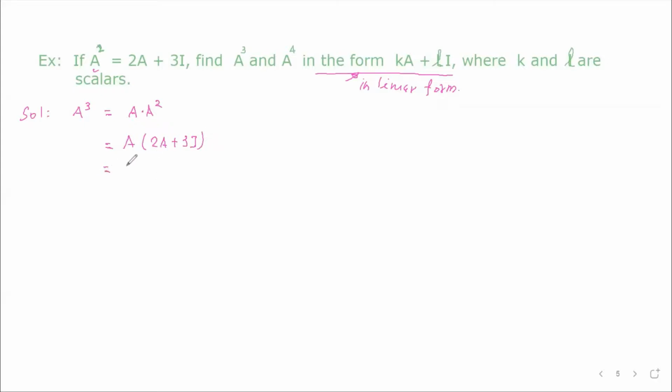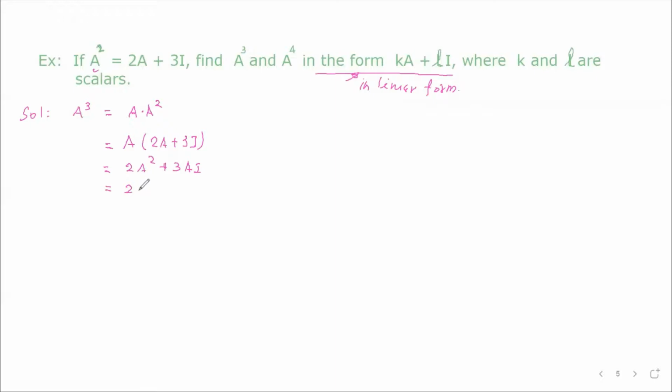Simplify it. 2A square plus 3, the scalar can be anywhere, okay? But I now times this to be AI. In this case, AI or IA is still okay because they are equal to A. But if this identity position becomes another matrix, you cannot swap; it has to be in order, I say again, okay?